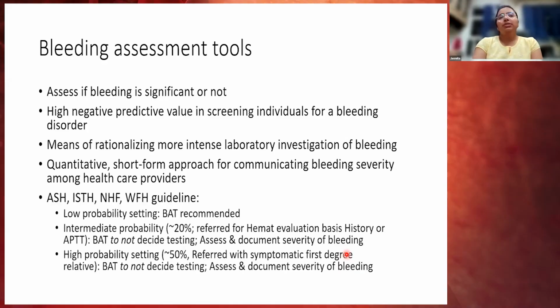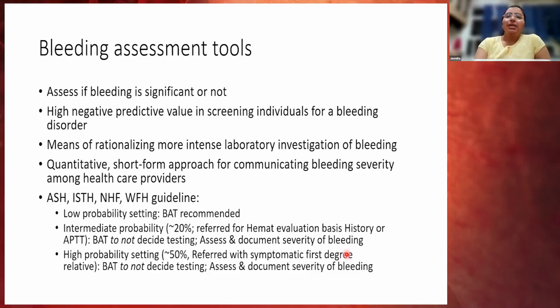As per this guideline, given by 4 organizations which work collaboratively, in a low probability setting like a primary care setting, a BAT is recommended before you start screening the patient further. In the intermediate probability setting, when a patient has been referred for hematology evaluation, either based on the history or the APTT, for example, the BAT will not decide the testing, but it is still good to assess and document the severity of the patient.